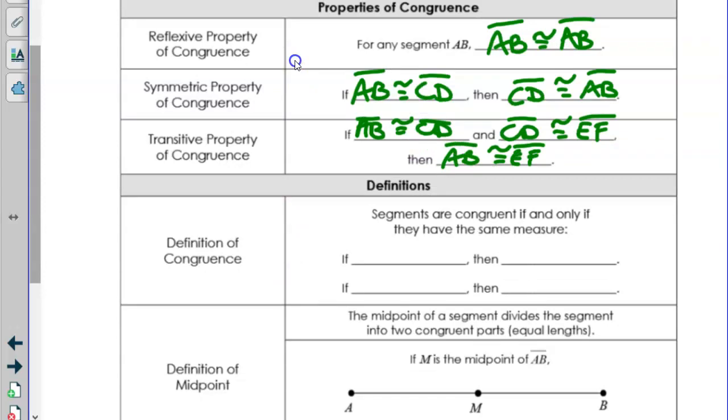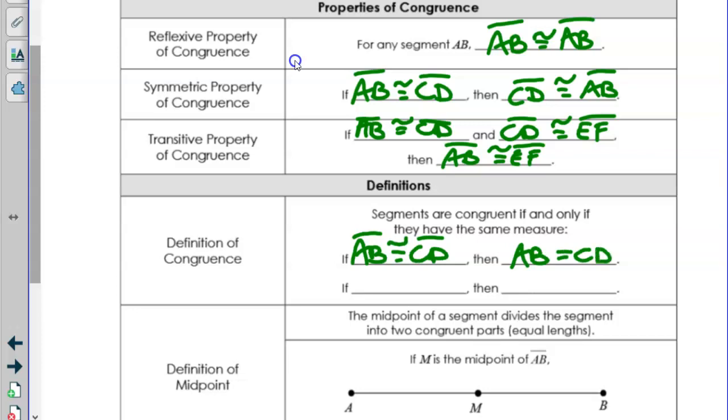All right, so now definition of congruence. If we need to go from congruence to equality, so if we know two things are congruent and we're trying to use the segment addition postulate, we need to get into equality. Then you know that if segment AB is congruent to segment CD, by definition we know that AB is equal to CD.